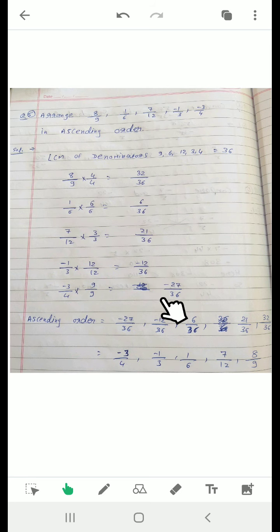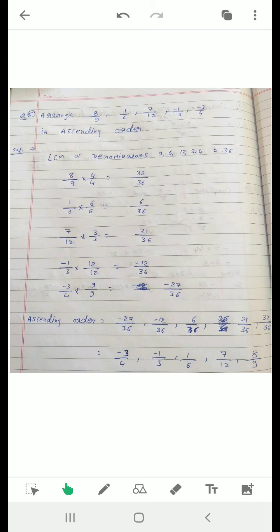So minus 27 upon 36, minus 12 upon 36, then 6 upon 36, then 21 upon 36, and then 32 upon 36. Now we will write the original numbers: minus 3 upon 4, then minus 1 upon 3, then 1 upon 6, then 7 upon 12, and then 8 upon 9. So this is the ascending order.